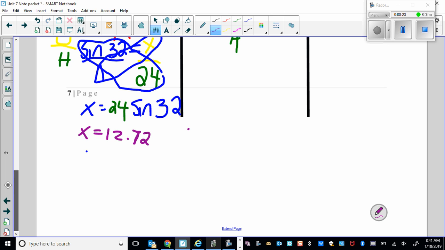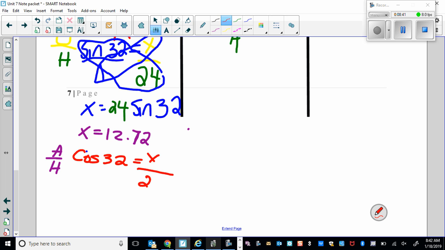So what I can do is CAH, which is cosine. So I can say cos of 32 is adjacent, which is y, over 24.